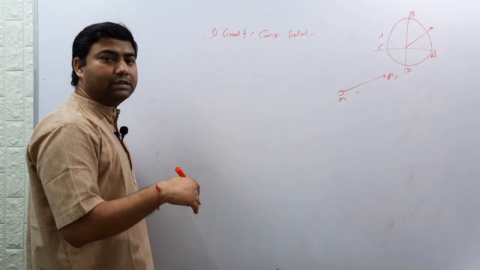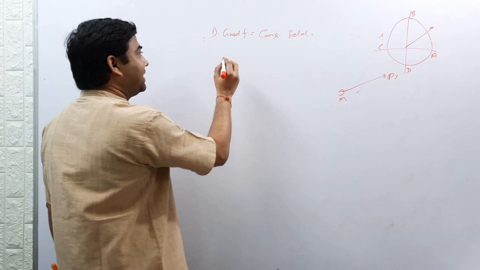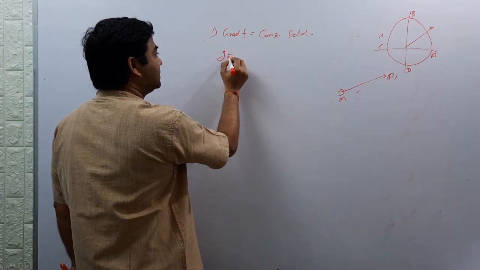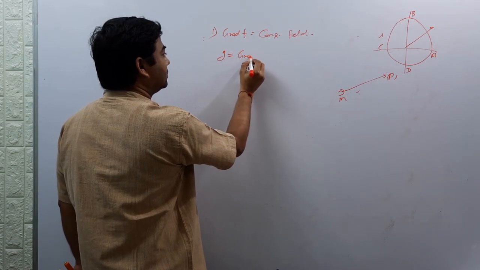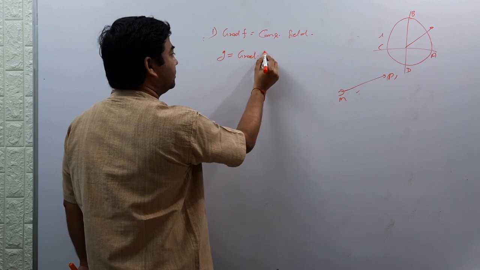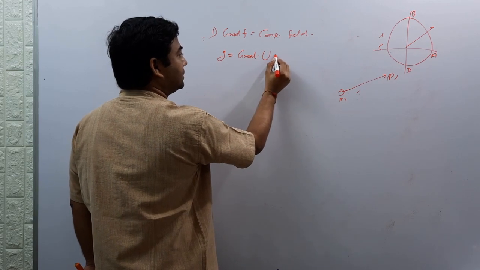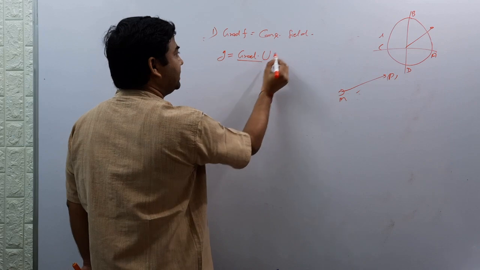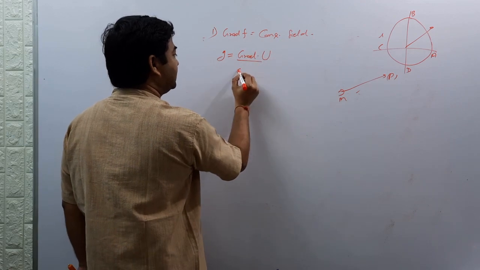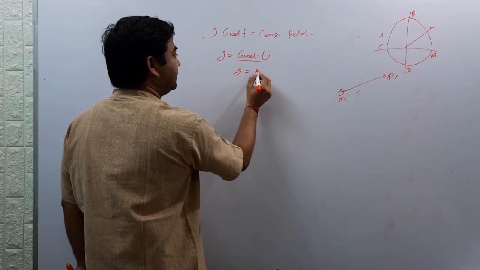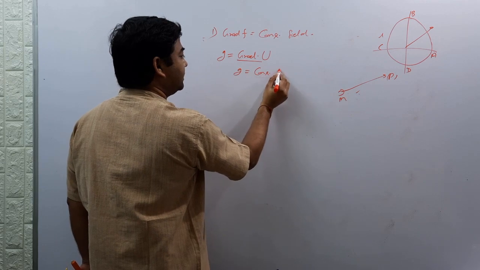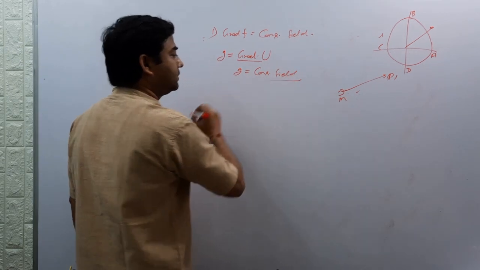The gradient of any scalar function is a conservative vector field. As G is equal to the gradient of potential energy, and because gradient is a conservative field, G, the gravitational field, is also a conservative field.